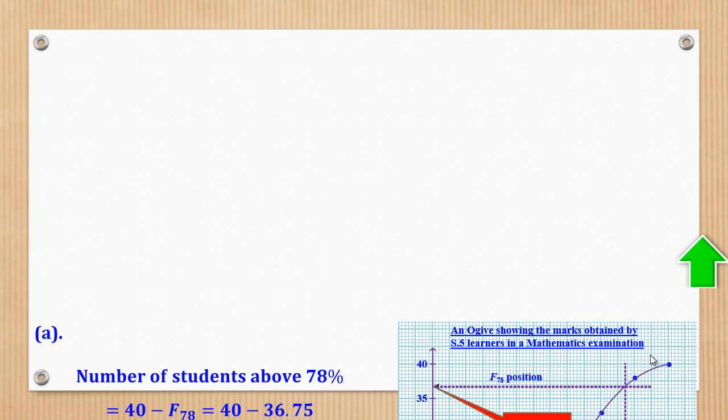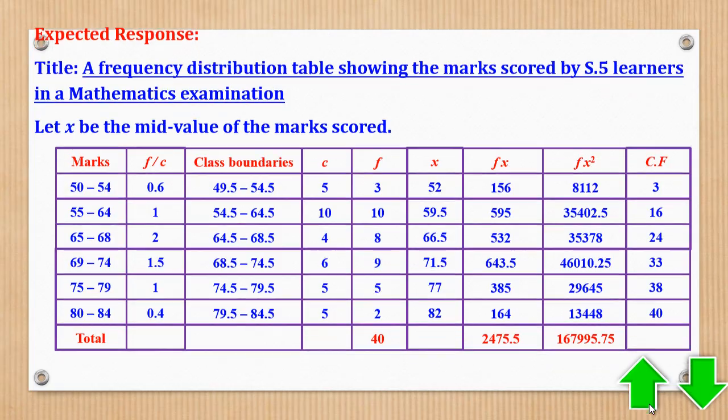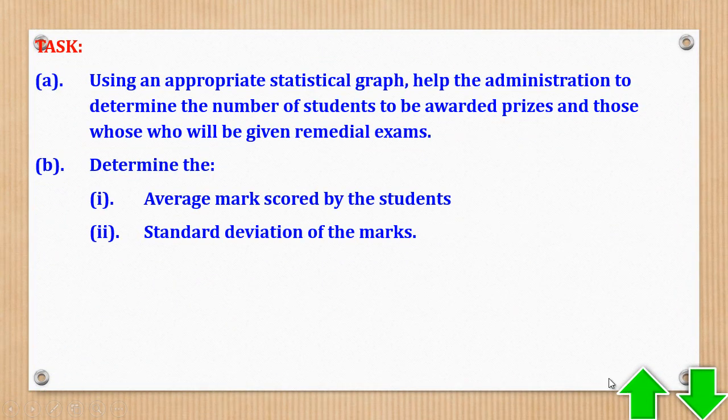The next task, that is part B. Let me first see. Part B. They said determine the average mark scored by the students and the standard deviation of the marks.